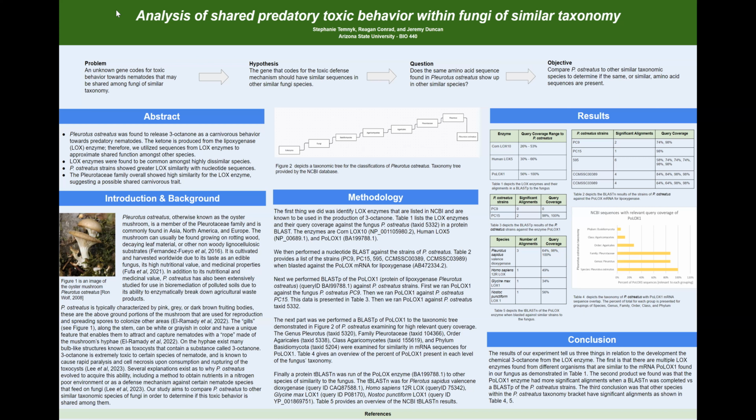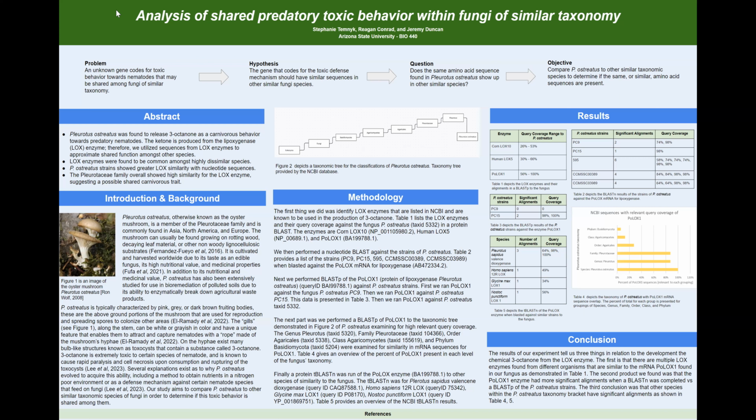The second thing we found is that the POLX1 enzyme did have more significant alignments when we did a nucleotide BLAST versus a protein BLAST of our organism and in similar strains. And the third thing we found was that other species within our organism's taxonomy bracket do have significant alignments, as demonstrated in tables 4 and 5.